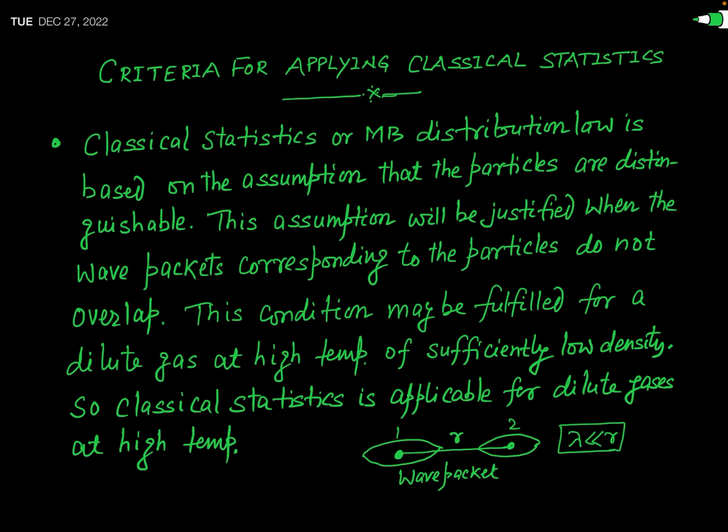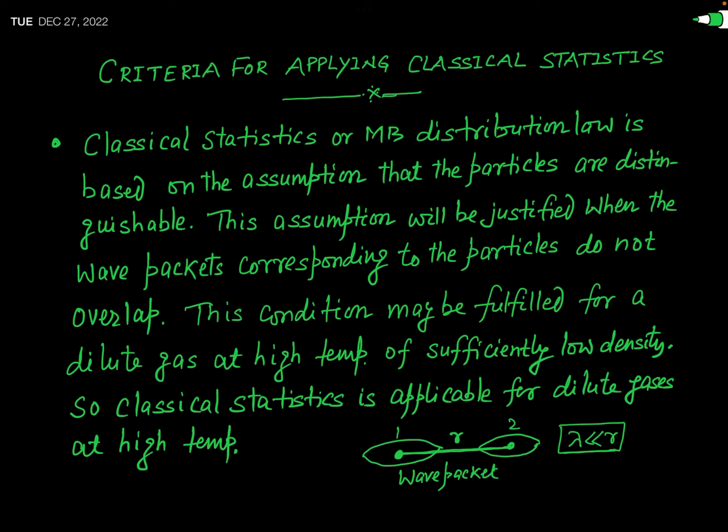If a dilute gas of low density is at very high temperature, then the intermolecular separation is large, and in that condition it is possible that the de Broglie wavelength associated with the particle is much smaller than the interparticle separation, and then the molecules of such a dilute gas will not be correlated to one another, so they can be treated as distinguishable.